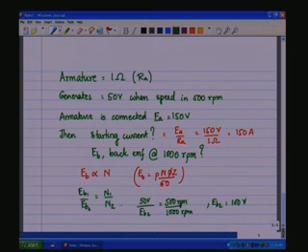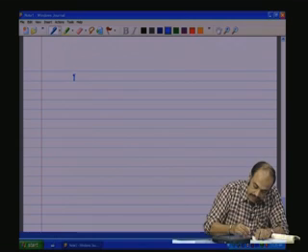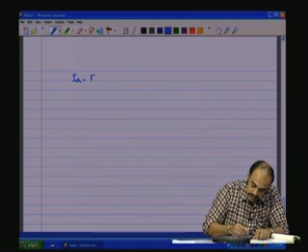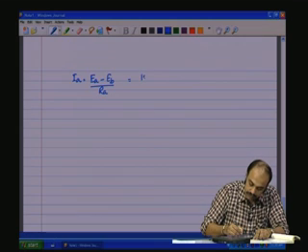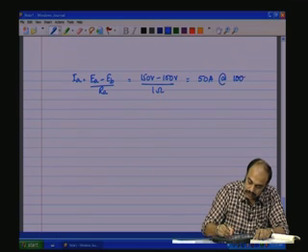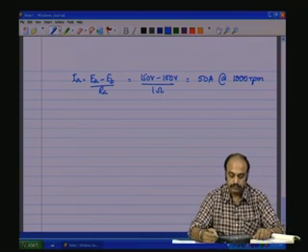So, now the back EMF at 1000 RPM will be 100 volts. Now, what will be the current in this situation when it is 1000 RPM? The current IA would be EA minus EB by RA, which is 150 volts minus 100 volts divided by 1 ohm, which is equal to 50 amps at 1000 RPM, isn't it?